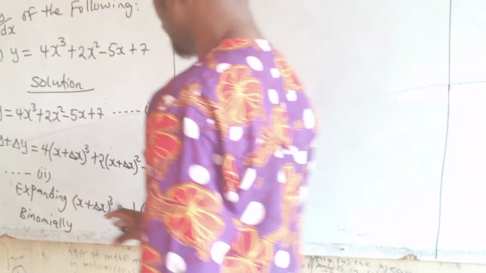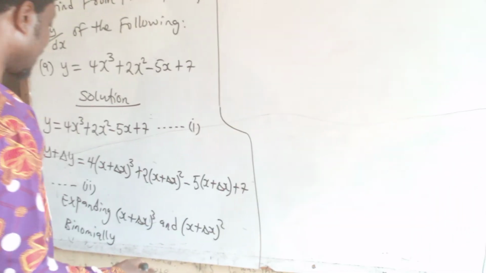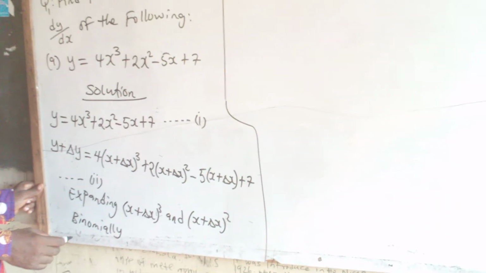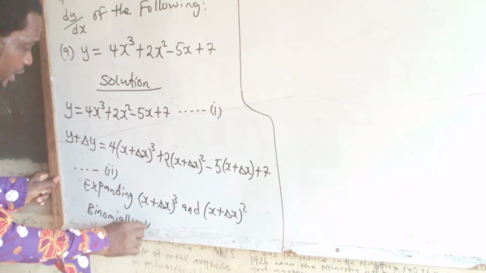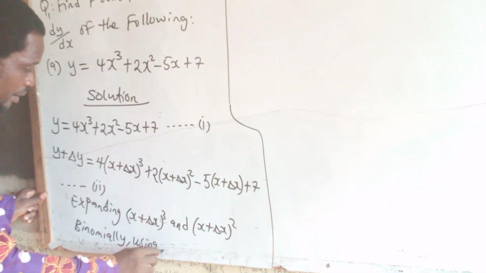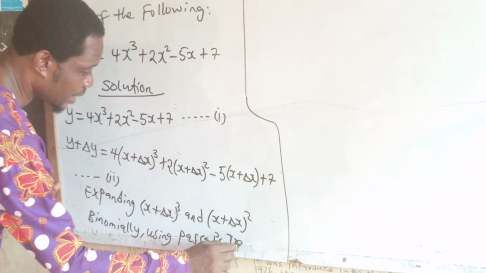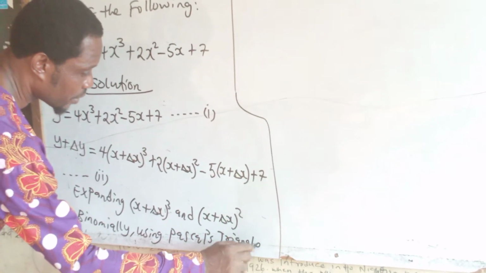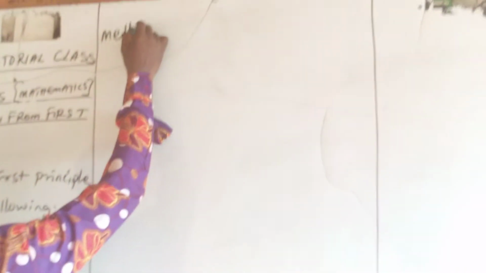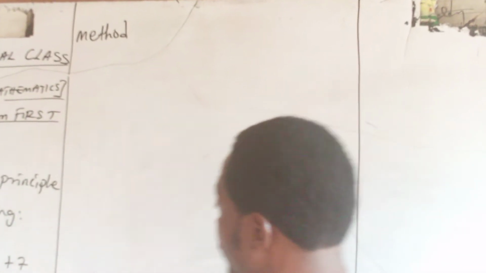So what I will do, let us see how to expand this binomially. So if you want to expand it binomially, we can say, let us use the Pascal's triangle method.